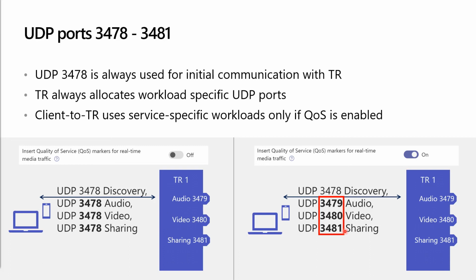The reason for this is with QoS, now that we're using 4 ports and 3 specific for media, we can apply different priorities to different media. Audio is almost always chosen to be the highest priority, video the second highest, and desktop sharing the third highest priority. So given a situation where we're out of bandwidth, audio would be given the first chance to make it through the network. So if you're interested in quality of service, this switch in Teams Admin Center enables Teams to use multiple UDP ports.